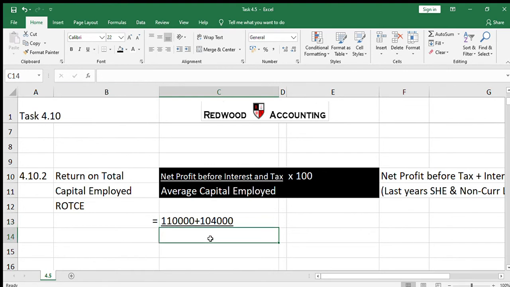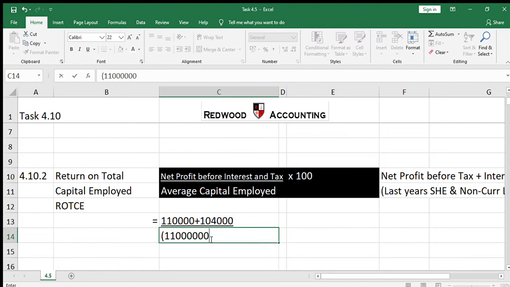For the denominator, we're going to have quite a few figures we need to add up. Shareholders' equity has been given to us in this question, and we've also got the non-current liabilities. We have two figures from 20.2 and two figures from 20.3. We're going to add them all up and divide by 2. The order doesn't matter, but you must show all the calculations.